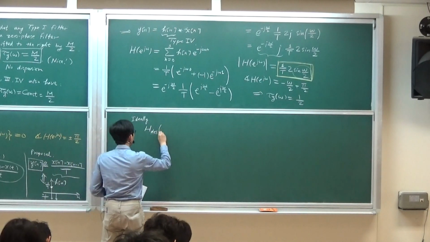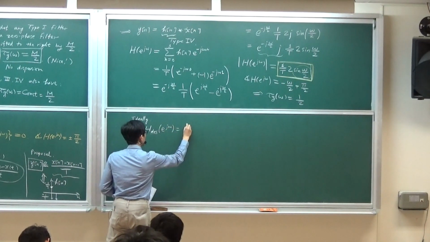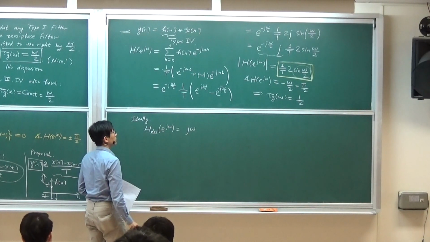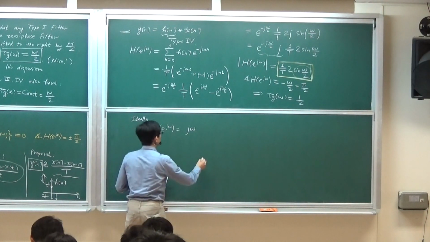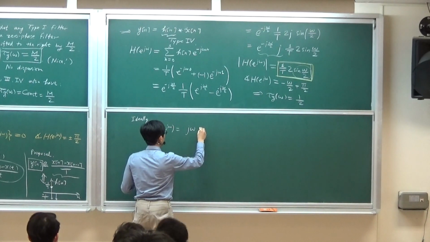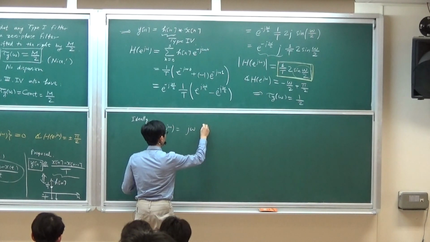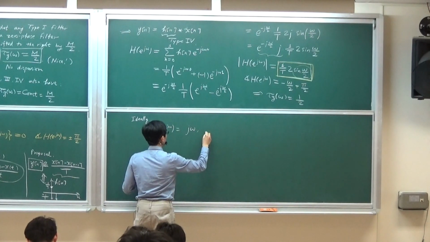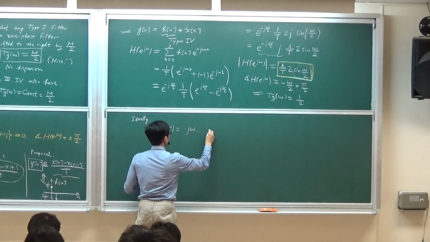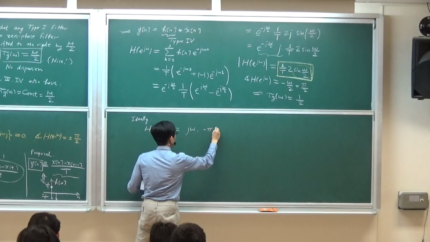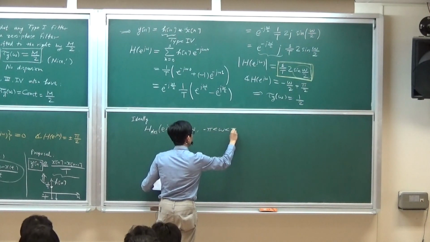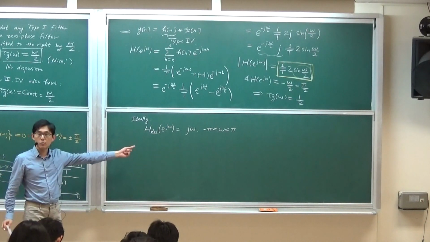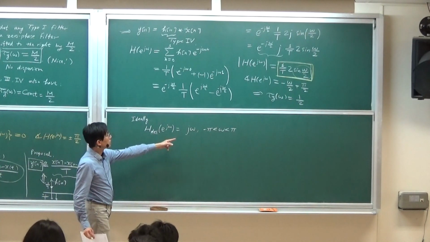Okay, the desired response should be j omega, and let's say from minus pi to pi, okay? For the entire range of frequency, we want the ideal response to be j omega.